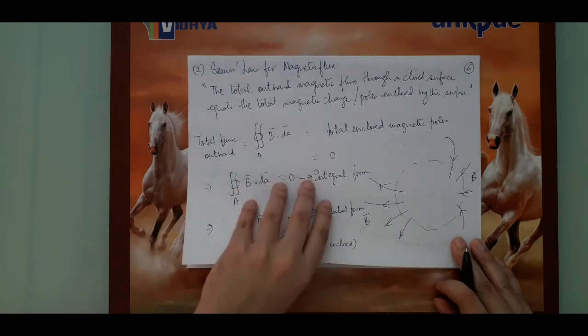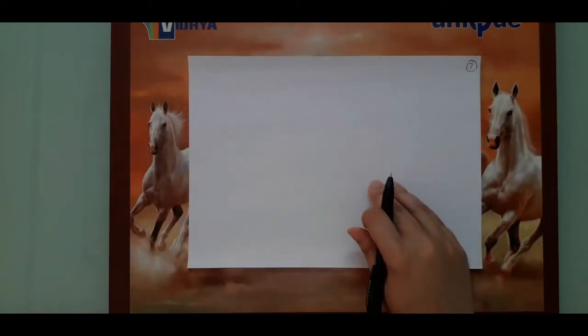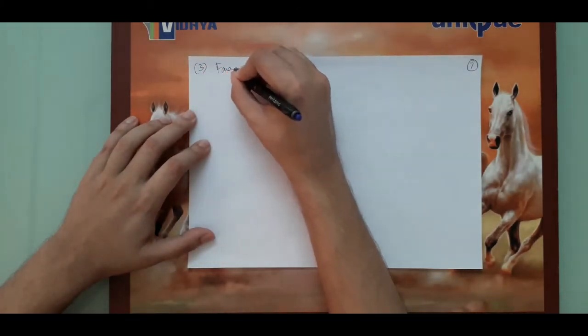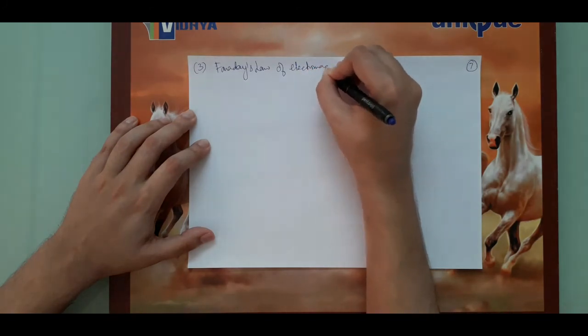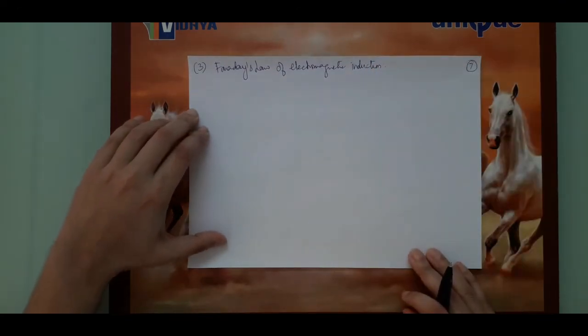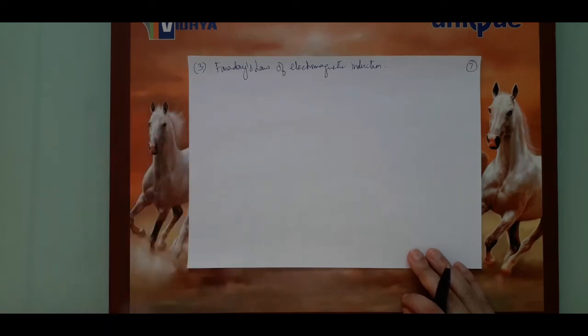Now, let us look at the third law. The third law is something you are also well familiar with, and that is Faraday's law of electromagnetic induction, which says that the net electromotive force in a closed loop equals the rate of change of magnetic flux enclosed by the loop.